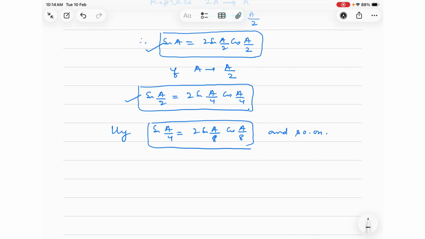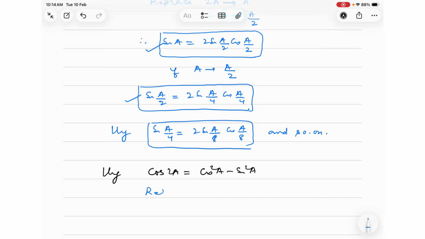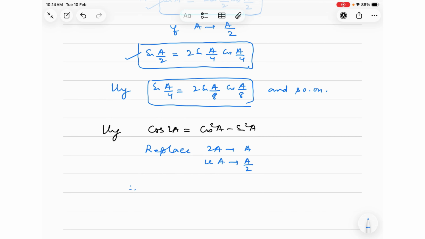Similarly, since we have proved cos 2A equal to cos square A minus sin square A, if we replace A with A by 2, we get cos A is equal to cos square A by 2 minus sin square A by 2.